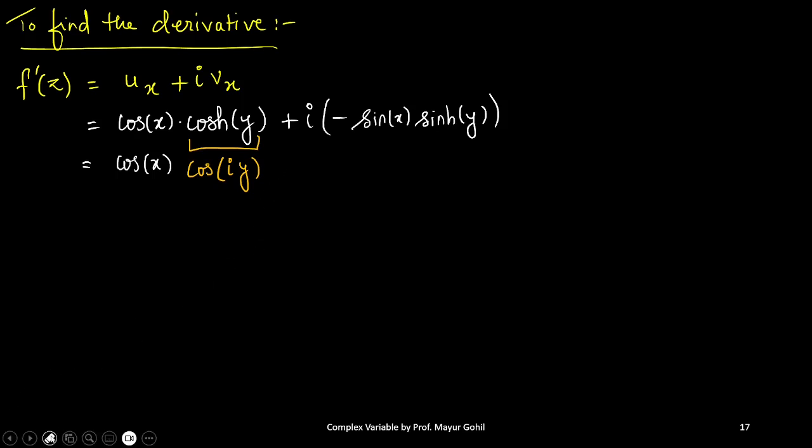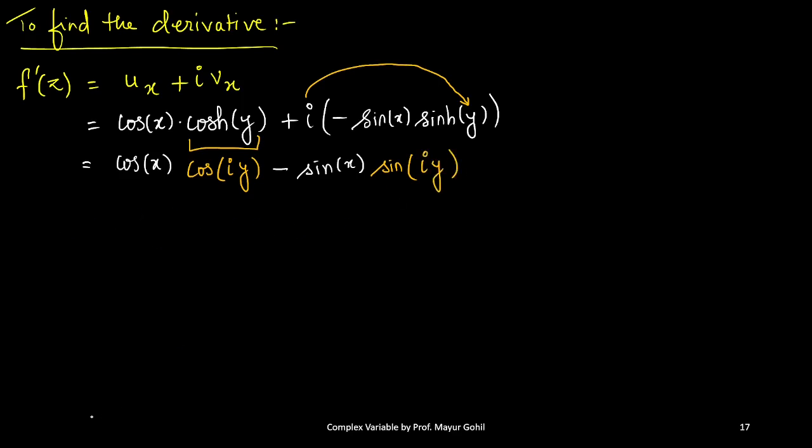See, I can write here the minus sign, and the i which is there, if I take this i inside the angle, the first term will be sine x, and because of the relationship formula that we have between trigonometric and hyperbolic functions, it will now give me sine iy. This is what I will have.